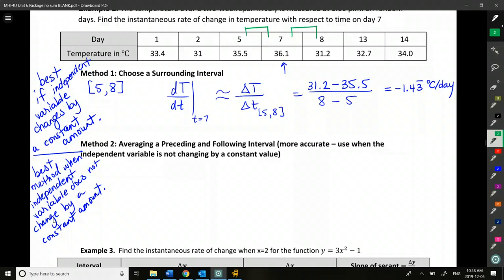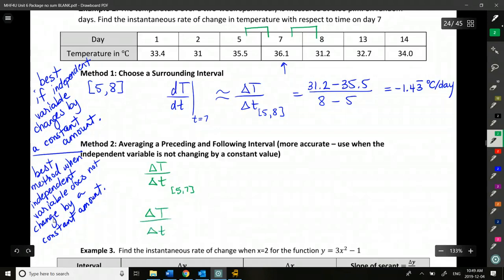So here's what we're going to do. I'm going to find delta T over delta t from 5 to 7. And then I'm going to find the change in temperature over the change in time from 7 to 8. Then I'm going to estimate the instantaneous rate of change at day 7 by averaging those two rates of change out.